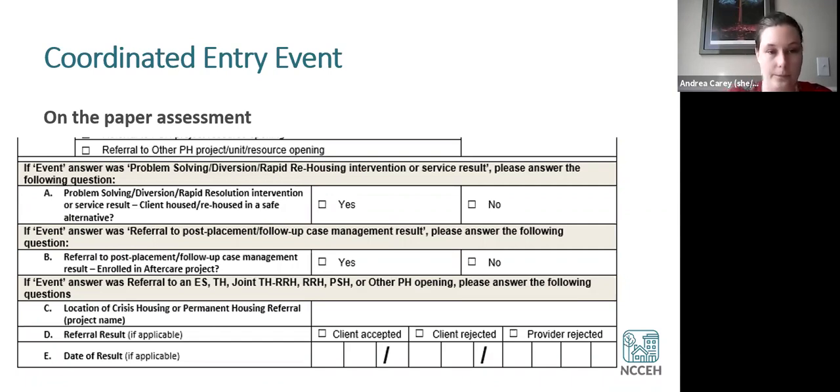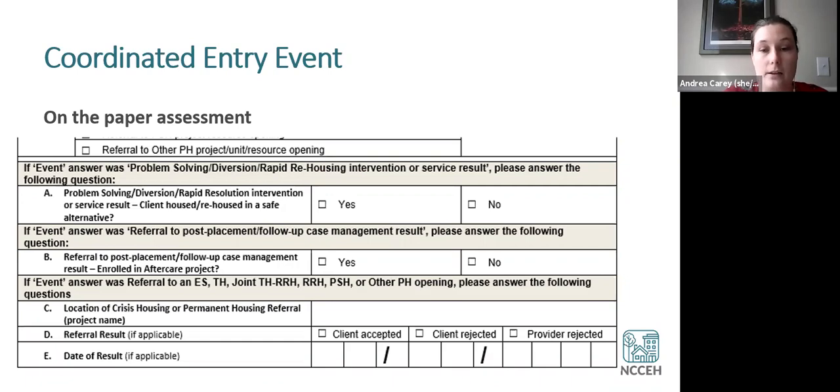Yes or no? And then finally, for our shelter, transitional housing, rapid rehousing, permanent supportive housing, there are a few follow-up questions here. First off, in C, the location of this referral. So that's the project name. Who are you referring them to? A specific shelter, a specific permanent supportive housing agency. Just write that in there.